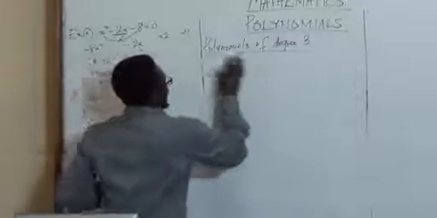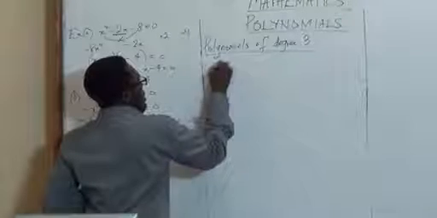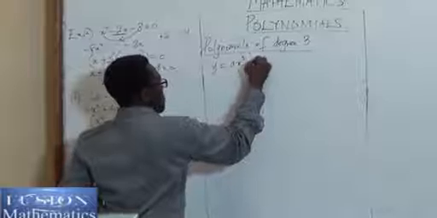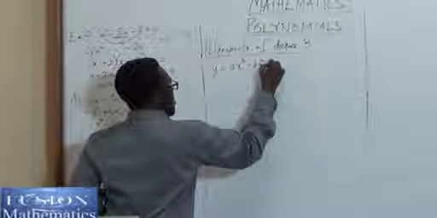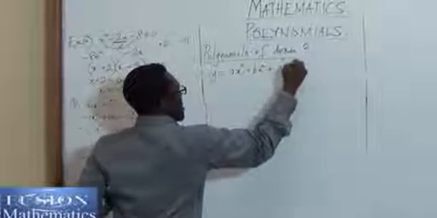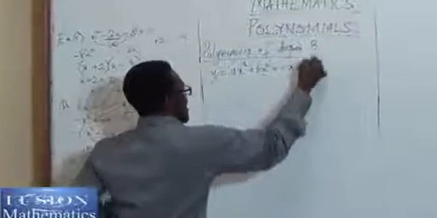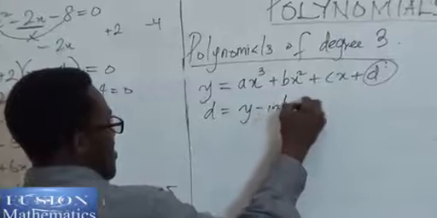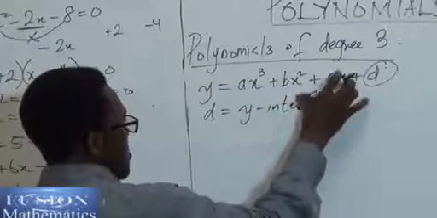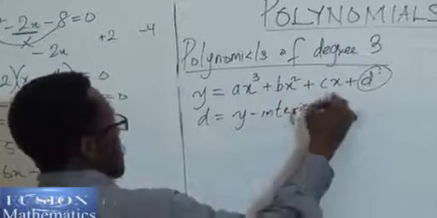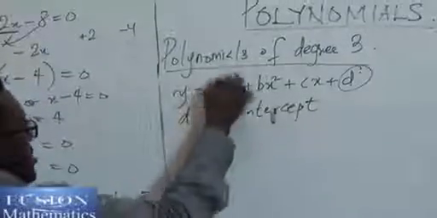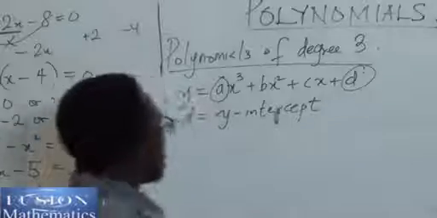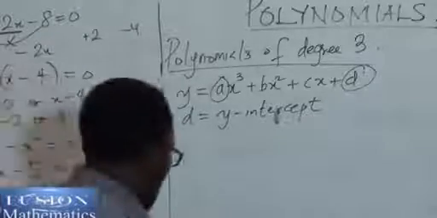They are generally represented as y equals ax cubed plus bx squared plus cx plus d. D is the y-intercept. A is what we use to know if it is a negative polynomial or a positive polynomial.